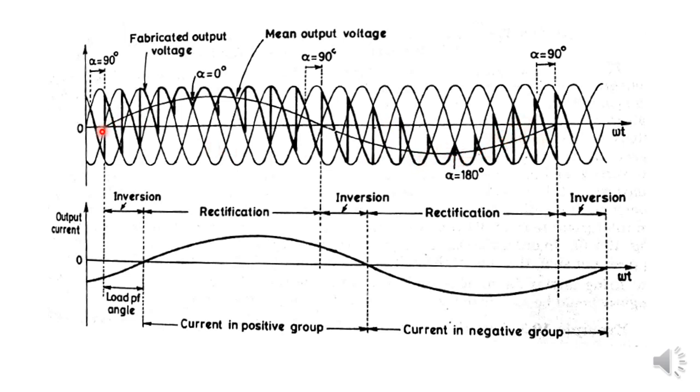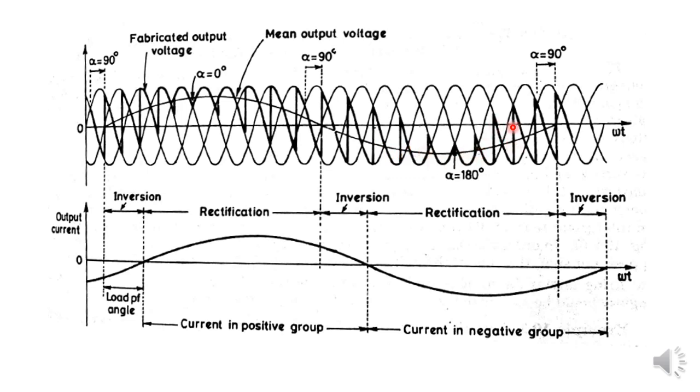When we take the average value of this output voltage, we get this sine wave, and the sine wave shows the fundamental component of the output voltage. The actual output voltage is this pulsating one. It will contain harmonics.